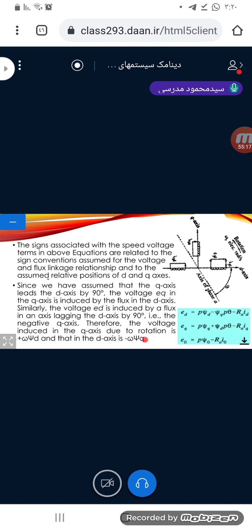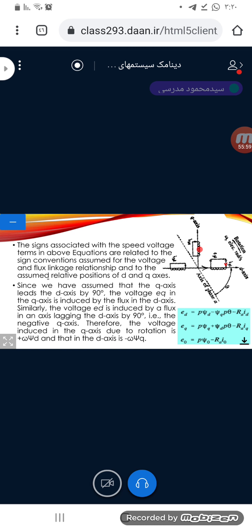So if you see this figure, the flux of the d-axis, for example, is positive.